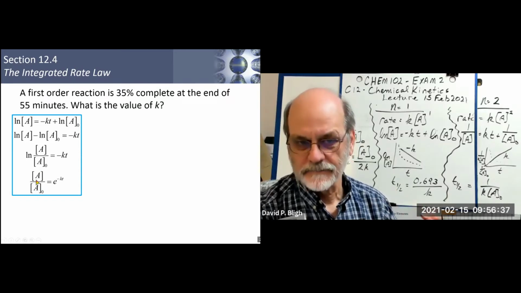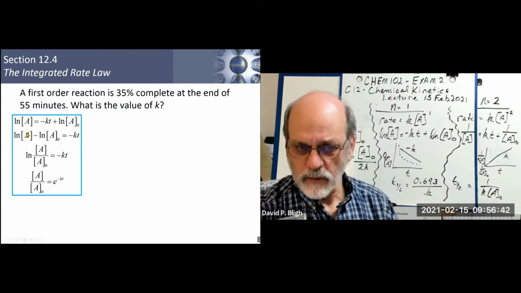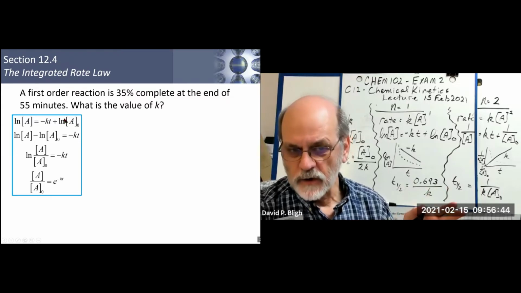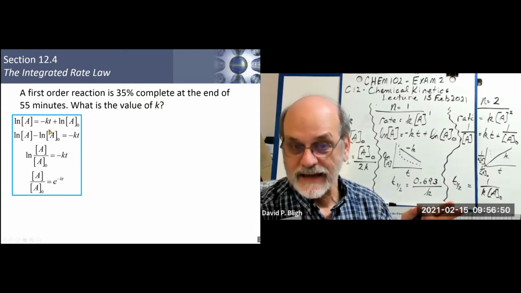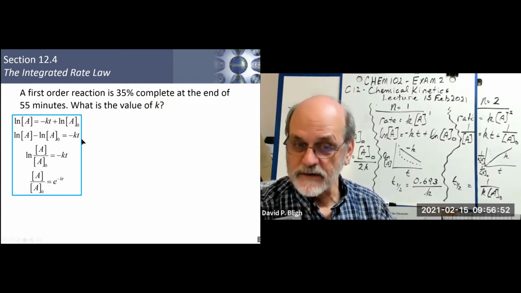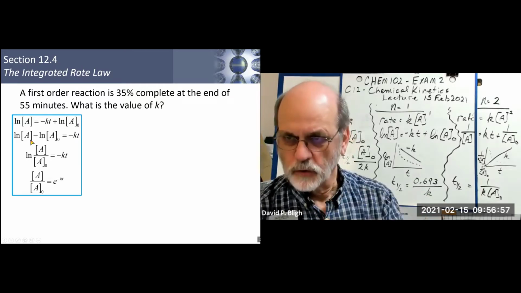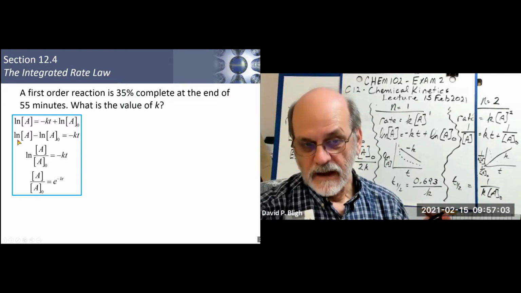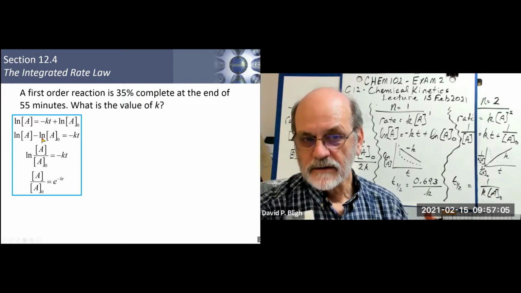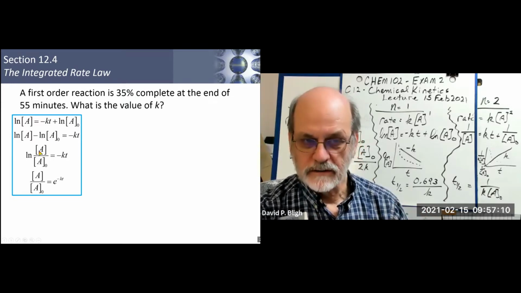So how do you get there? Well, we use the integrated rate law. And we rearrange it. Notice the first thing we did, we moved this log term over here on the other side of the equal sign. So now it's negative. And that's equal to a negative KT. Well, the rules governing operations with log says that log of a number minus the log of another number is just the log of the quotient of the first one divided by the second one.